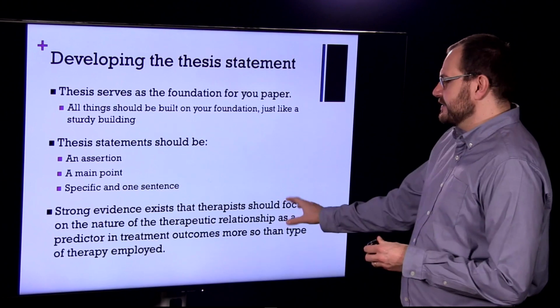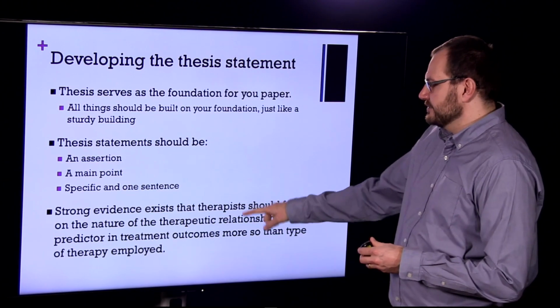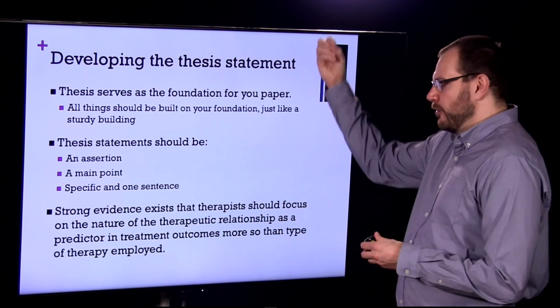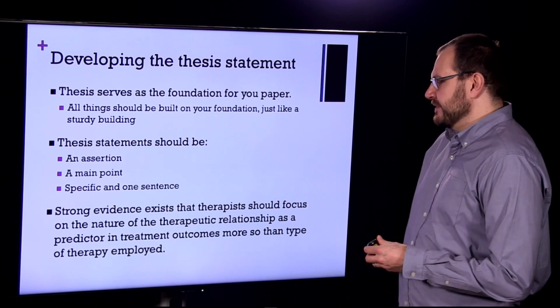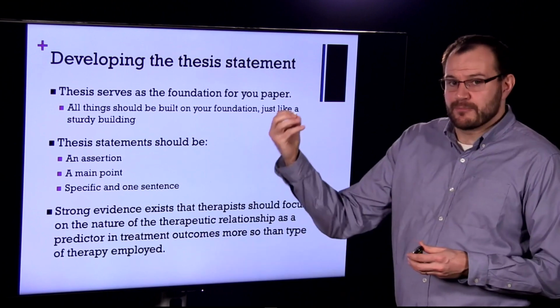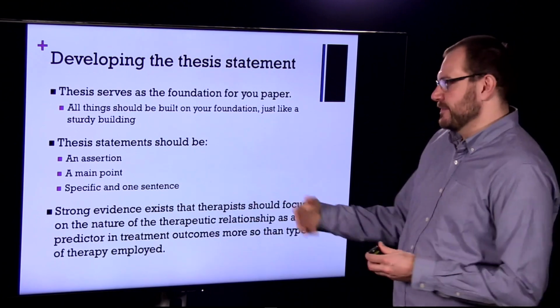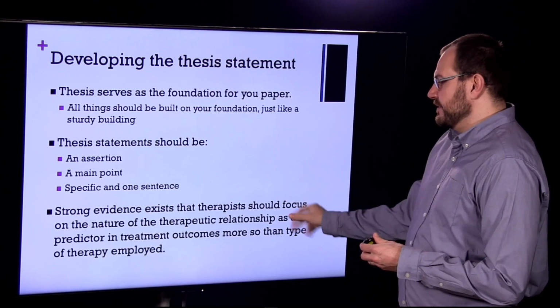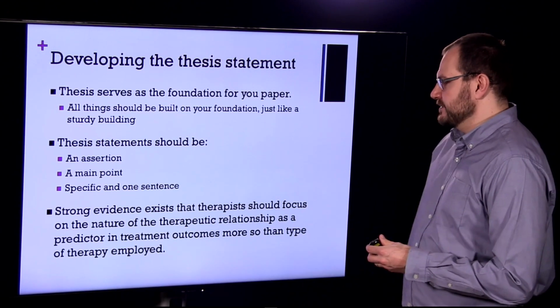So in this thesis statement here, it's a strong assertion. It's the main point of a paper. You could tell that I could create a whole paper that supports this idea that the therapeutic relationship is stronger than the type of therapy a therapist uses. And it's specific and it's one sentence. It's crisp, it's good.